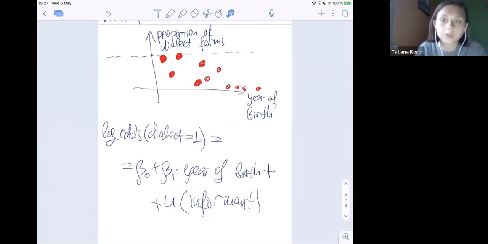I have a rather theoretical question. Does it work in the opposite way? I mean, can we predict something by the results?